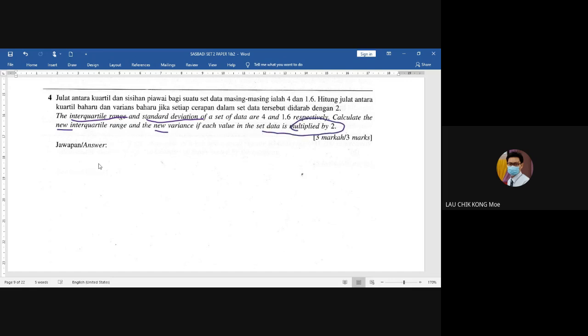So multiply by 2, so the new interquartile range. Okay, tulis interquartile range. The original one is 4, right? 4 times 2 loh. So this is 8. Okay, this is only 1 mark. This one, all of you get it correctly.